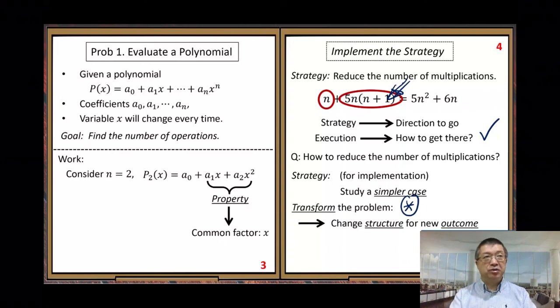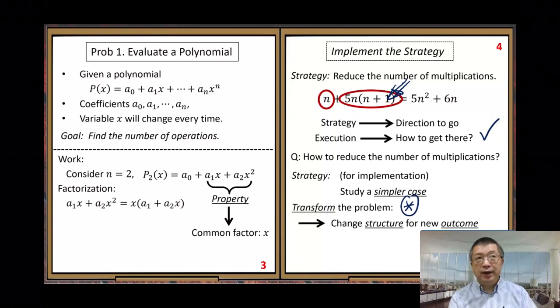Let me show you this idea. Transform the problem. We do factorization. You know how to do factorization, right? The left-hand side, a1x plus a2x squared equals, we take the common factor x out. So we write x times parenthesis, inside the parenthesis, a1 plus a2x.